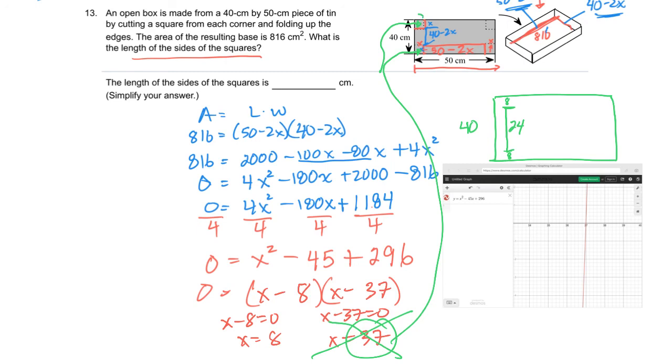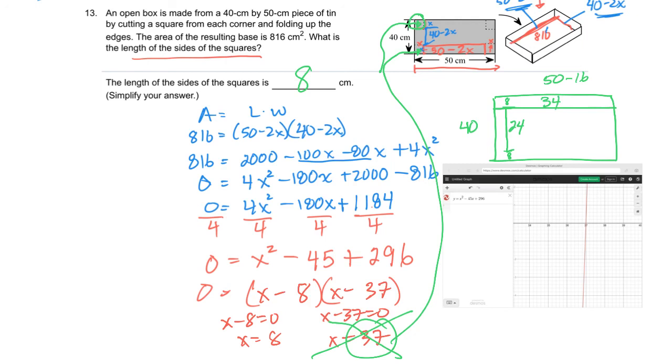Oh, they just want to know what the sides of those squares are. Oh, well, we figured that out already. It's 8. But if I wanted to know the length of the box, this side would be 24. Then this whole side here is 50, but I have to subtract those two 8s, so I have to subtract 16. So that distance there would be 34.